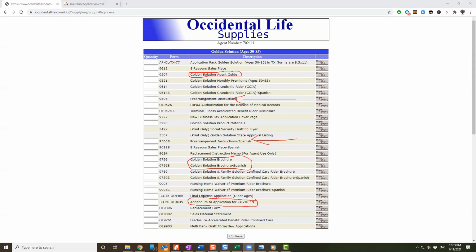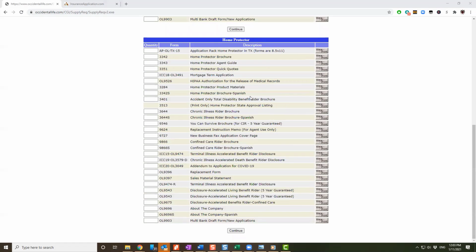But I'm going to move to the next product, which is the Home Protector. Home Protector, same thing. We got the agent guideline. We got the brochure guideline. We got the brochure, American Amicable Company, how long we've been in business, what's our rating. You have a lot about that, so I'm going to let you pick those.